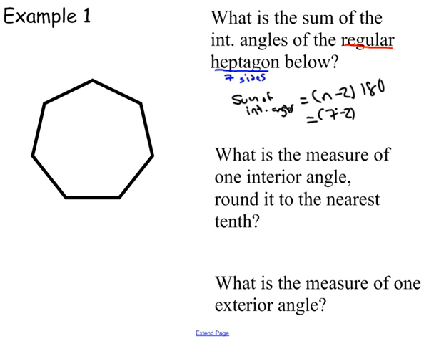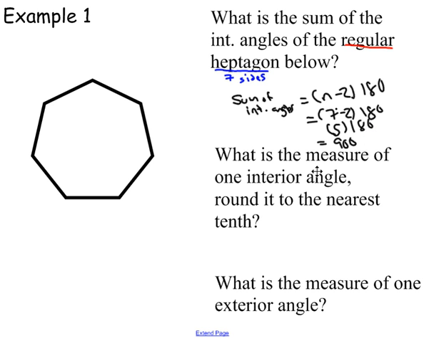So 7 minus 2 multiplied by 180. 7 minus 2 is equal to 5, and 5 multiplied by 180 is 900. So what we know is that all the angles inside this heptagon add up to 900. They must add up to 900.